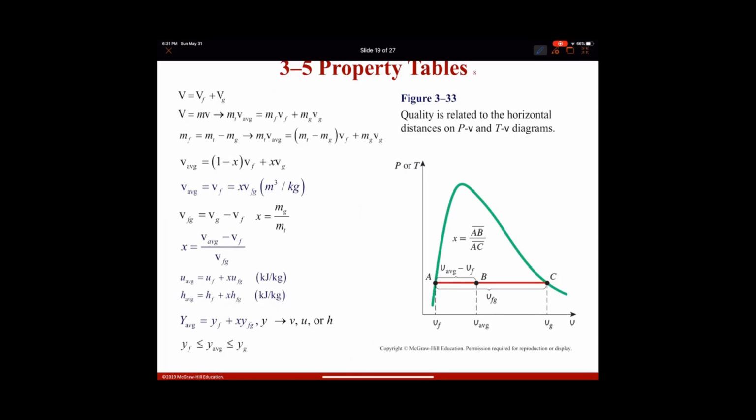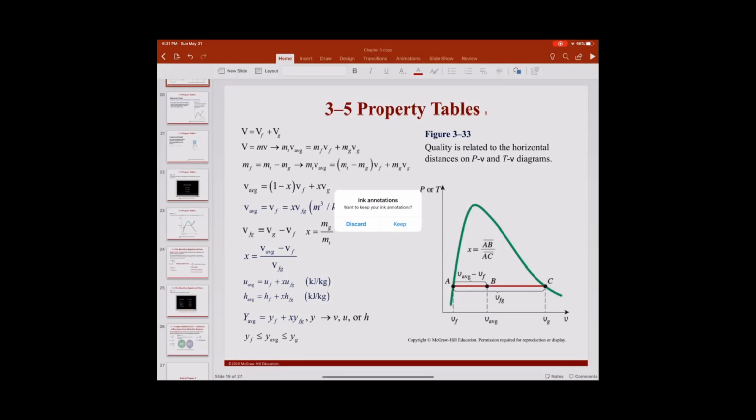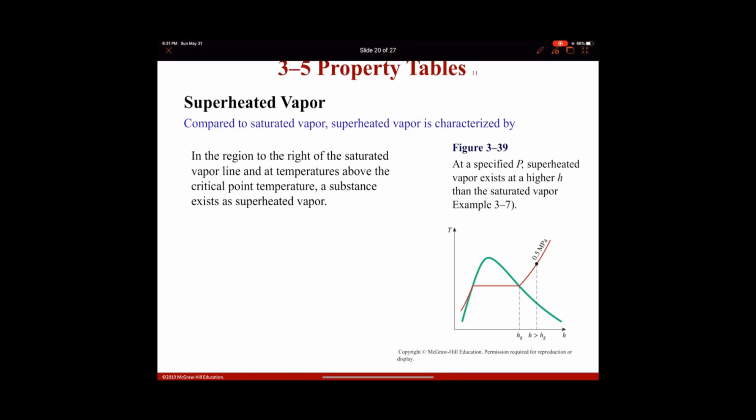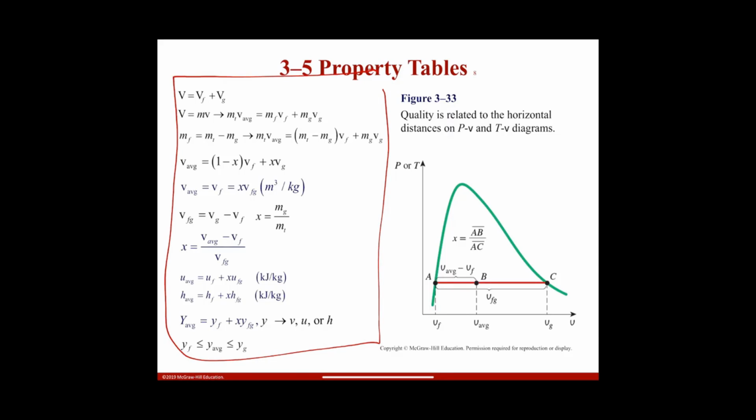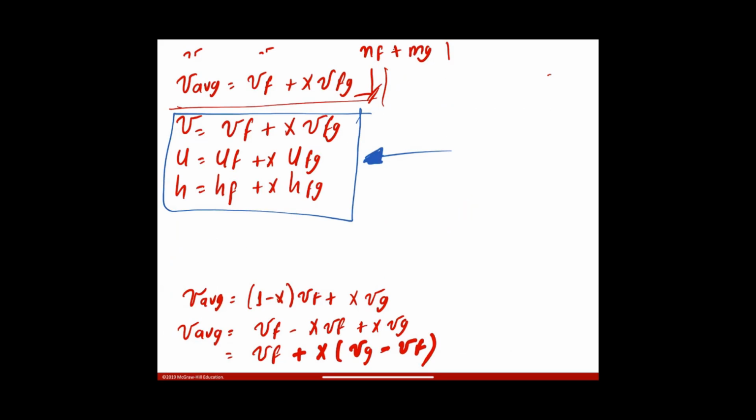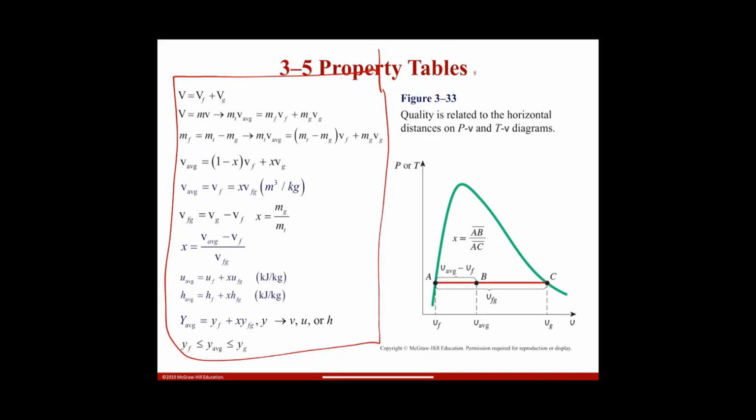The next slide is just the same calculations I just did, and you can go through them because I did them in my previous calculations. I just wanted to show you.